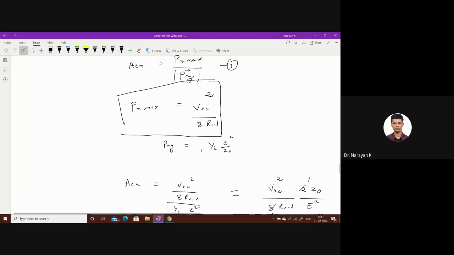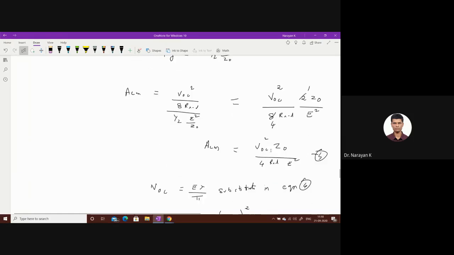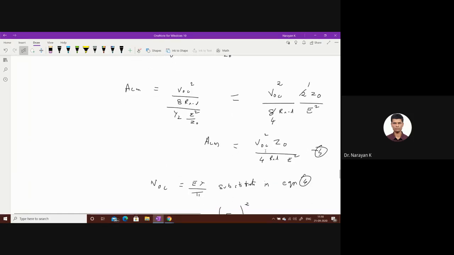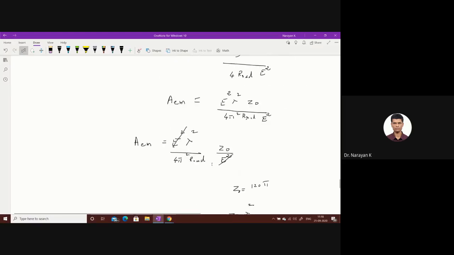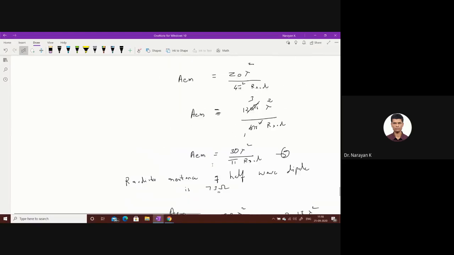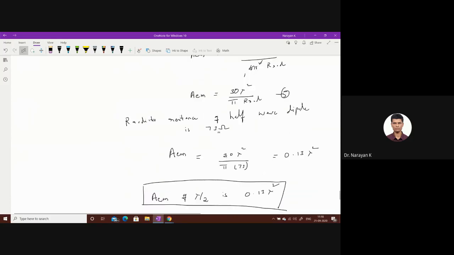The average power density is half E square by Z0. If I substitute this, I will end up getting VOC square Z0 divided by 4 times radiation resistance. Substituting VOC is equal to E lambda by pi, and Z0 is equal to 120 pi, finally I get 30 lambda square divided by pi times radiation resistance.